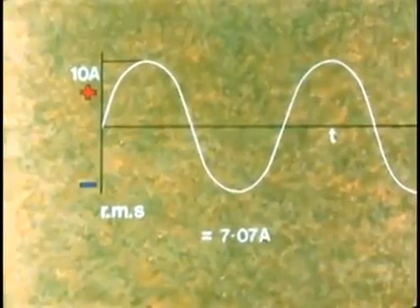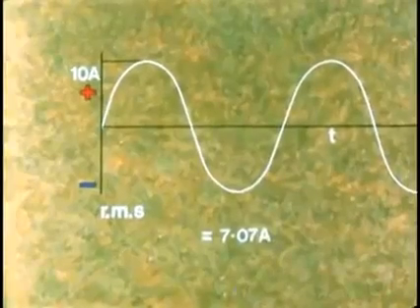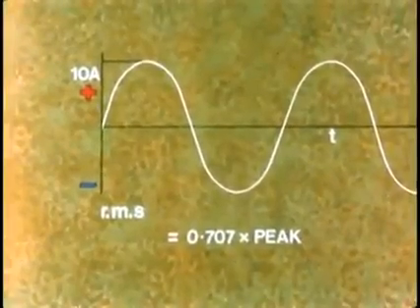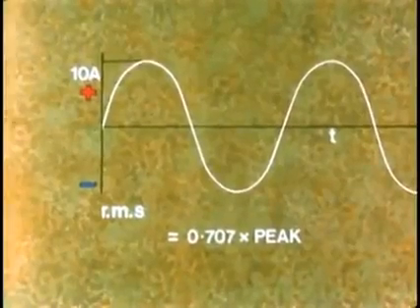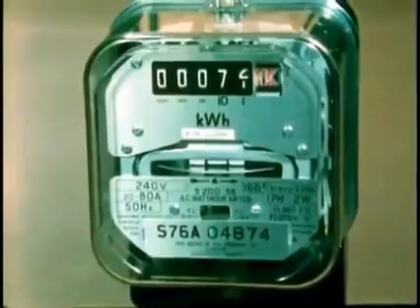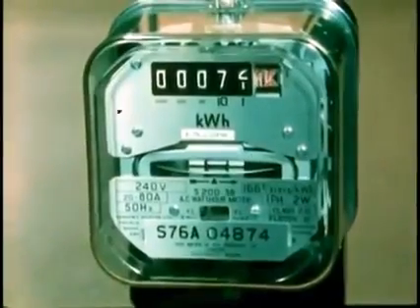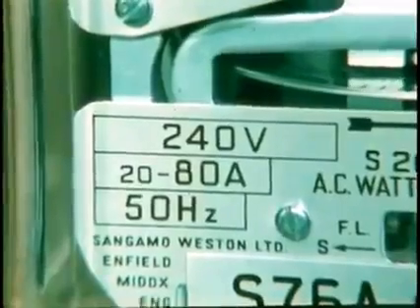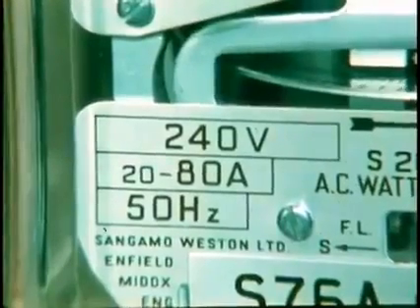So the RMS value equals 0.707 times peak value. When alternating currents of voltage are specified, it's always the RMS value. For example, the household voltage of 240 volts is the RMS value. The peak voltage is in fact nearly 340 volts.